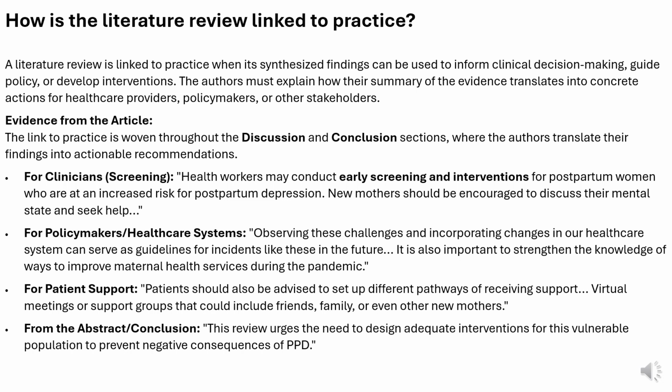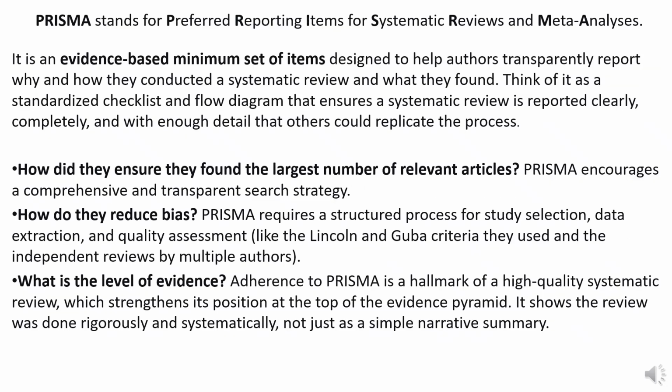PRISMA stands for Preferred Reporting Items for Systematic Reviews and Meta-Analyses. It is an evidence-based minimum set of items designed to help authors transparently report why and how they conducted a systematic review and what they found.